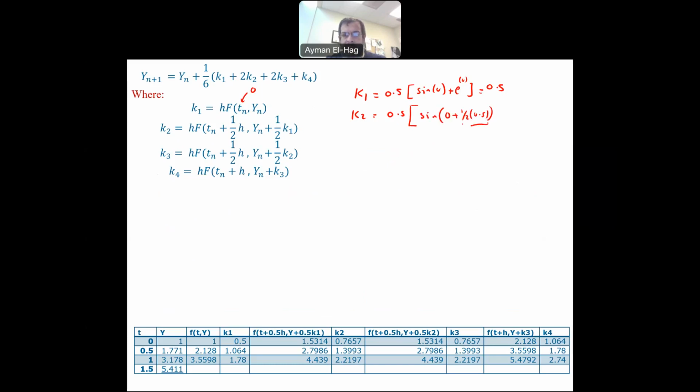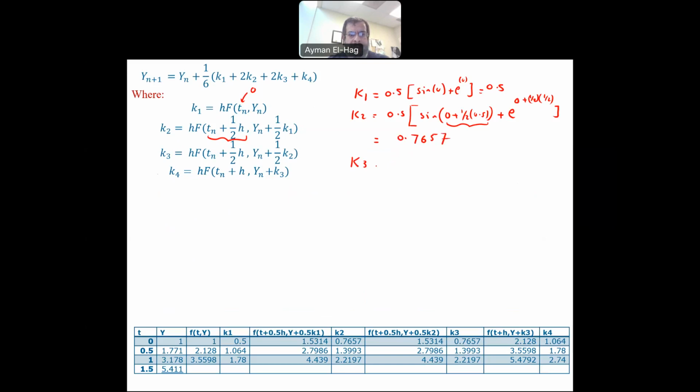So this is the time, tn plus 1/2 h, and then plus e to the power of the same time, which is basically 0 plus 1/2 times 1/2, or 0.5. And your K2 will be equal to 0.7657.